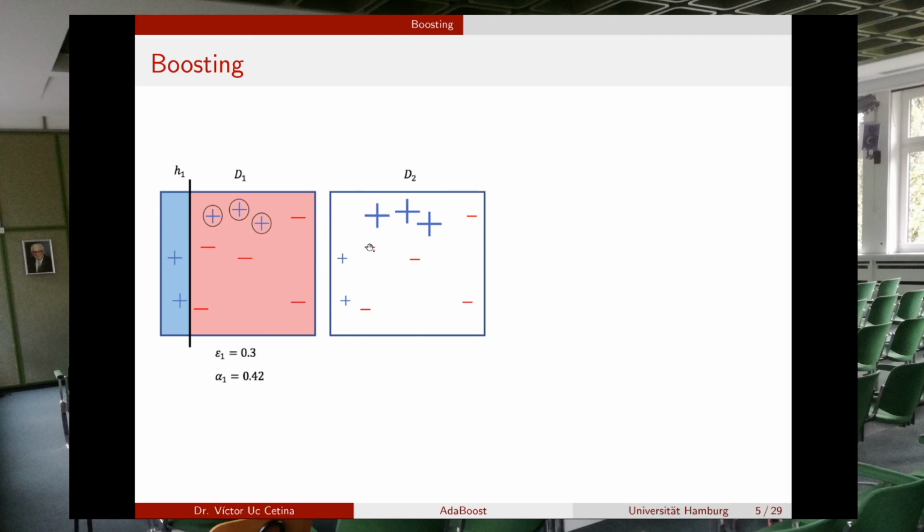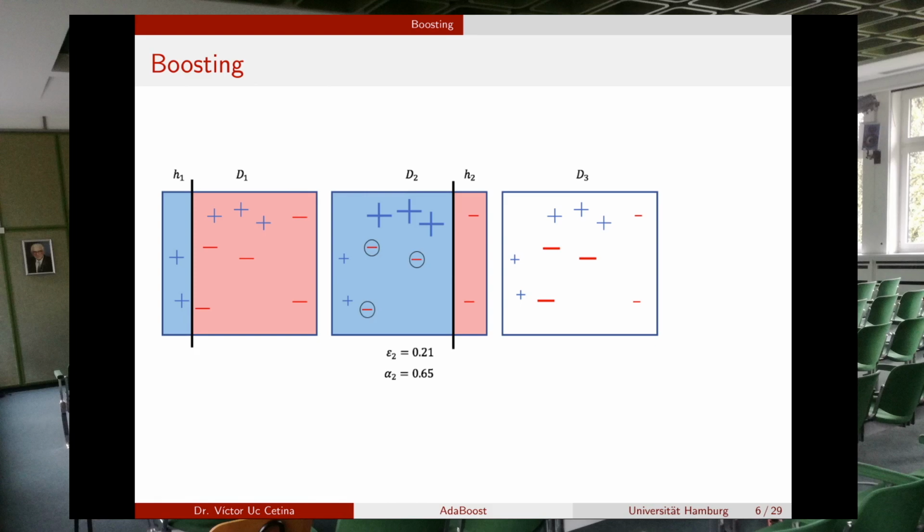In this drawing you see it by drawing these examples larger than previously, and the other examples we reduce the importance of, so they appear smaller. Suppose that in the second iteration, with our distribution 2 of weights, we make this hypothesis 2, our second weak classifier, and we say everything to the left is positive, everything to the right is negative.